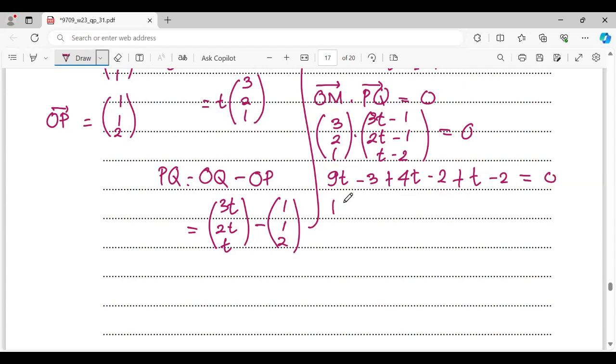So 14t minus 7 equals 0, t equals 7 over 14. So t equals half.